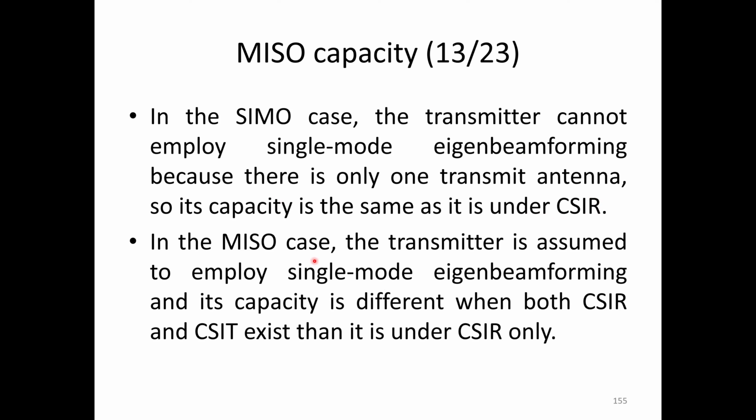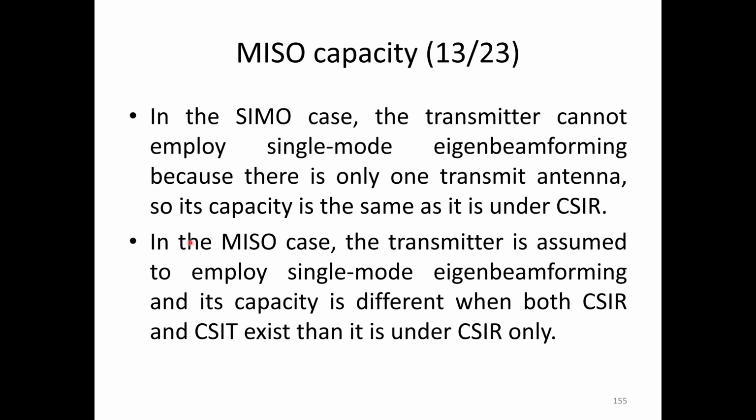In the MISO case, the transmitter is assumed to employ single-mode eigenbeamforming, and its capacity is different when both CSIR and CSIT exist than it is under CSIR only.